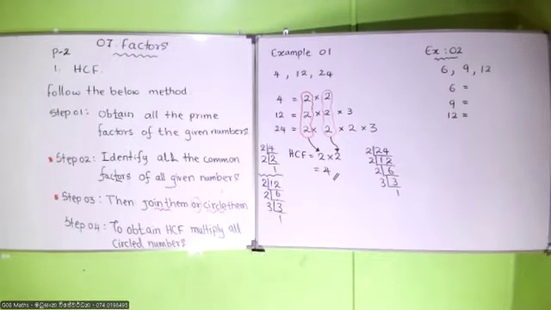So can't we check? We can take any numbers, but I have given 4, 12 and 24 as examples.